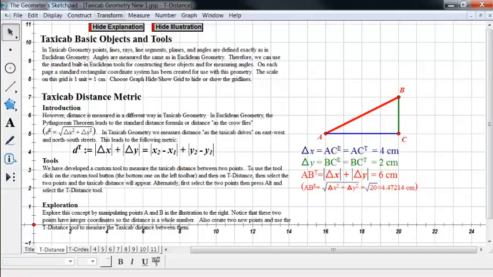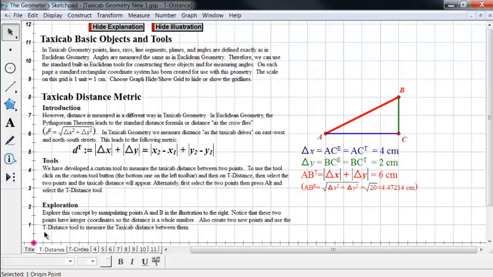However, the big difference between taxicab geometry and Euclidean geometry is the distance metric. It's how we measure distance. When we measure distance, we can think of a coordinate plane, the same as a standard Cartesian coordinate plane in Euclidean geometry.